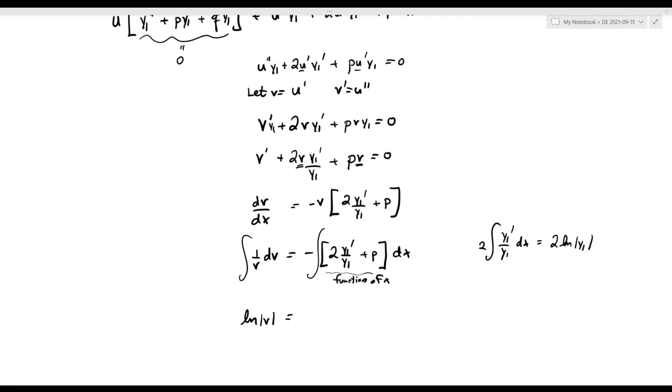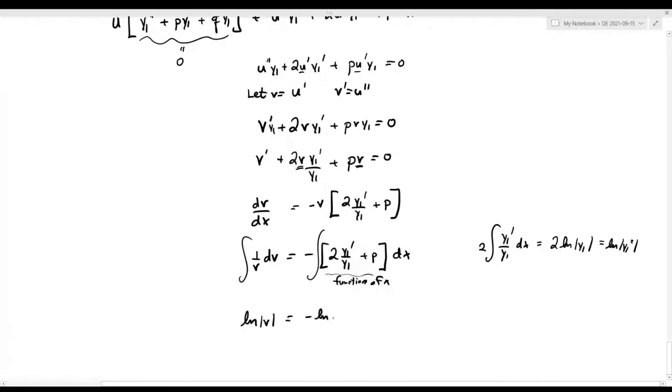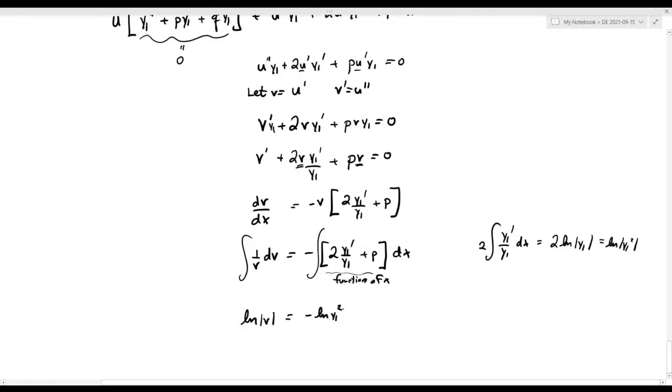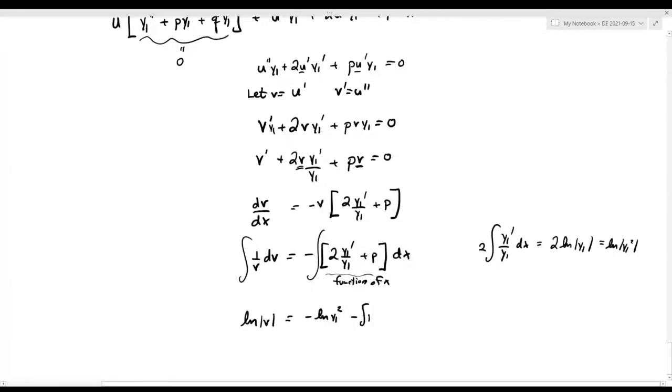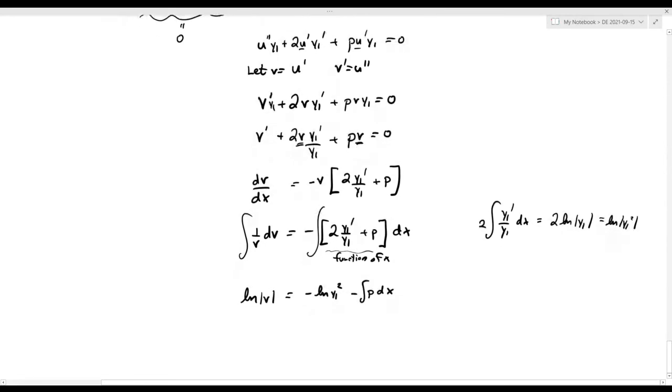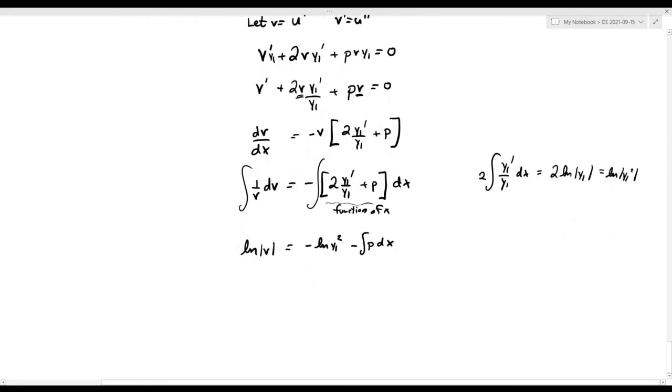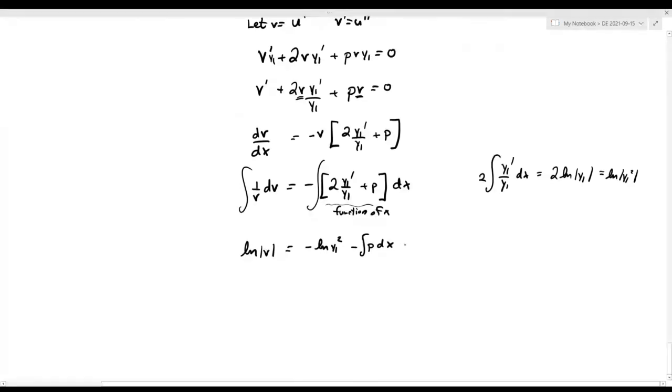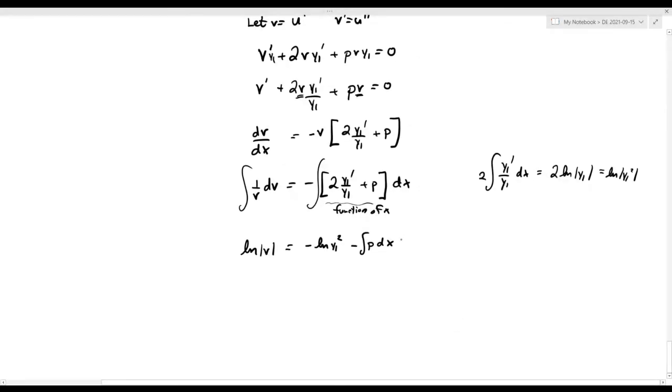Okay, so we're going to get, and of course, we'll just write that as y1 being squared using properties of logs. And then this, since generically we don't know what p is, we just leave it as an antiderivative, up to a constant of integration, but we can ignore it.